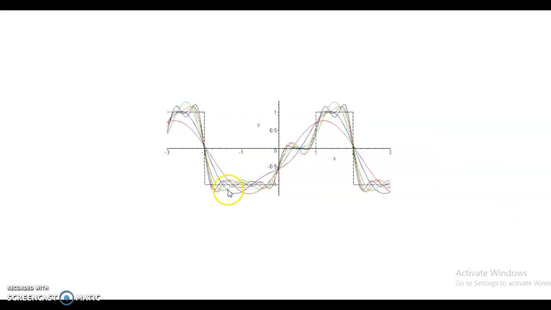You can have any kind of signal, and each can be given a Fourier series representation. Like you can see here, this is your signal, this is your first harmonic, and then you keep adding harmonics, and your signal moves towards a better and better approximation of the original signal.